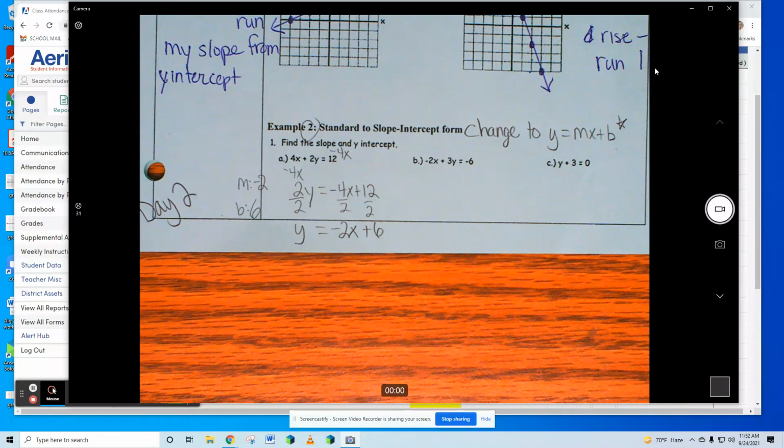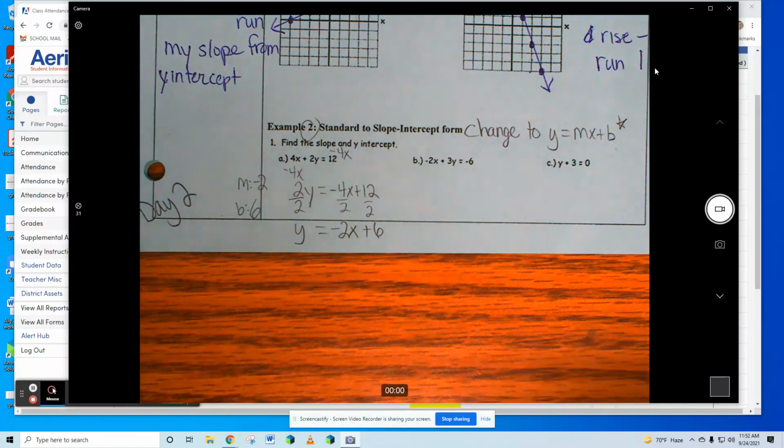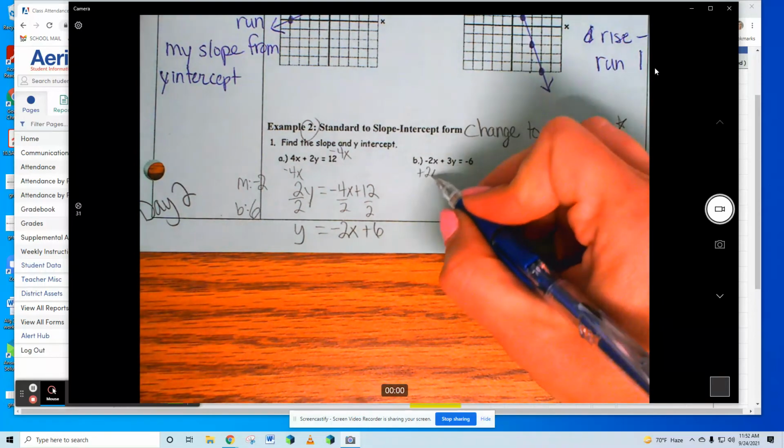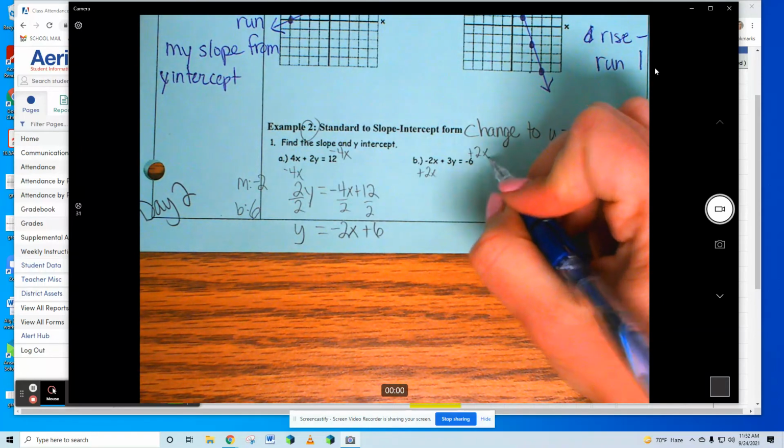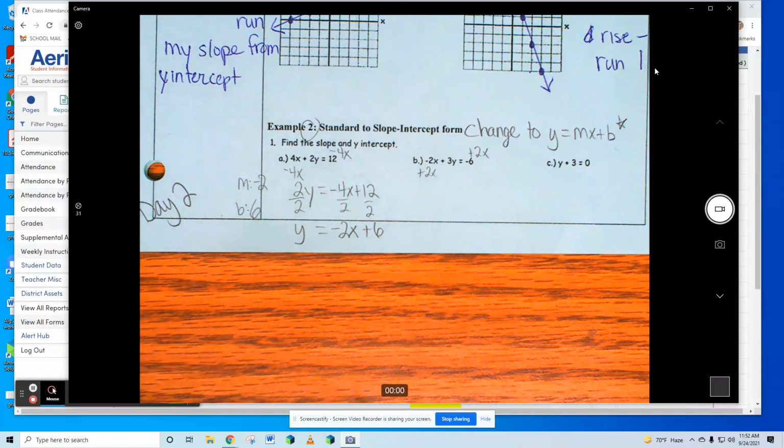All right. Plus 2x. Slowly getting the y isolated. And tell me what the next line says, somebody.